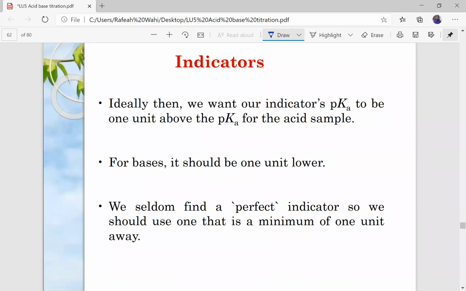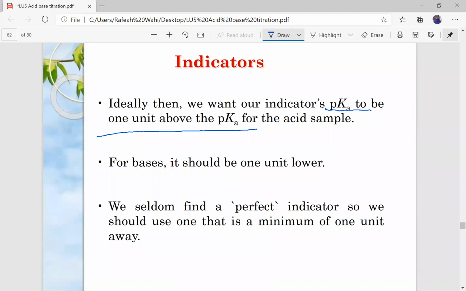Ideally then, we want our indicator's pKa to be 1 unit above the pKa of the acid sample, meaning to say that the Ka of our indicator should be lower than the Ka of our sample.